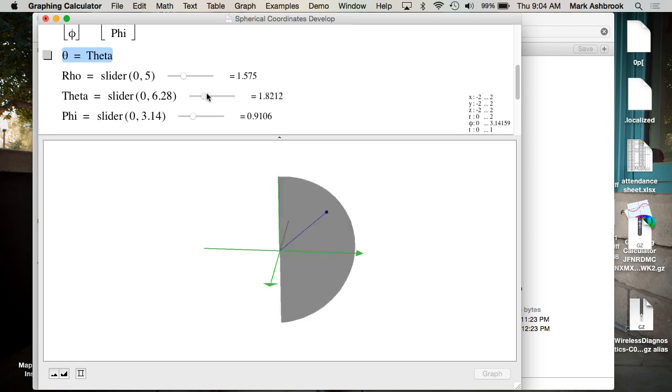And then the last coordinate is another angle: once you've picked that direction theta, phi is the angle swept down from positive z.